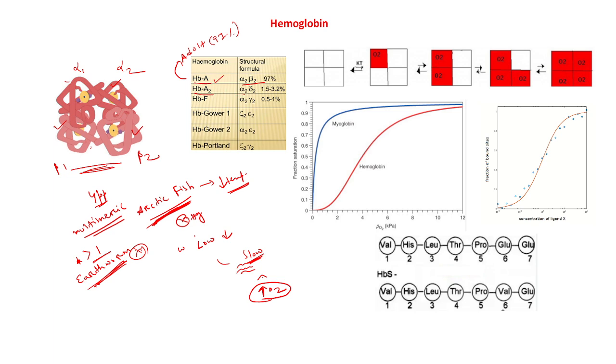Here there are 2 alpha, but the beta is replaced by delta, so it is called alpha 2 delta 2. It is also found in the adult, at 1.5 to 3%.